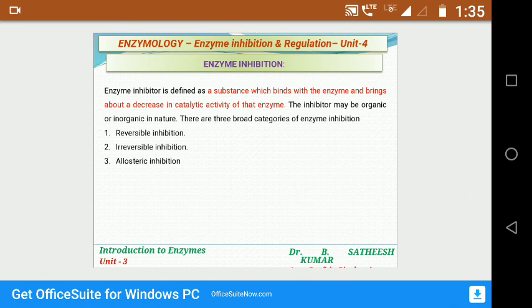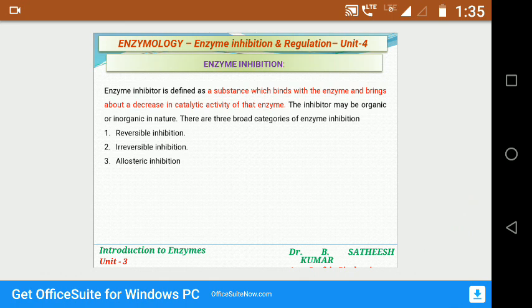The next topic in this Unit 4 is enzyme inhibition: how enzymes are inhibited and what the different kinds of inhibition mechanisms are for different enzymes. So far, we have three different enzyme inhibition mechanisms.